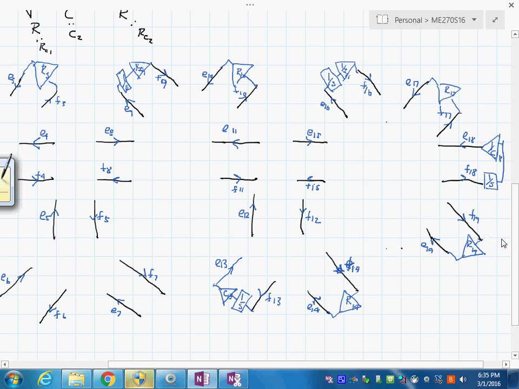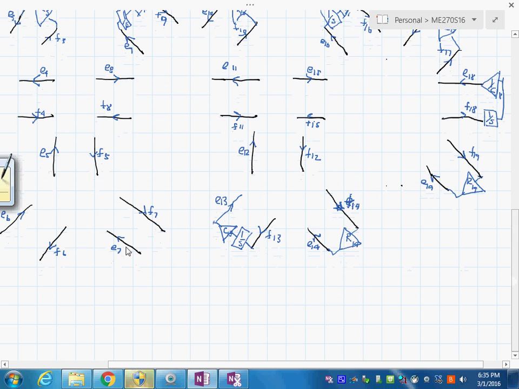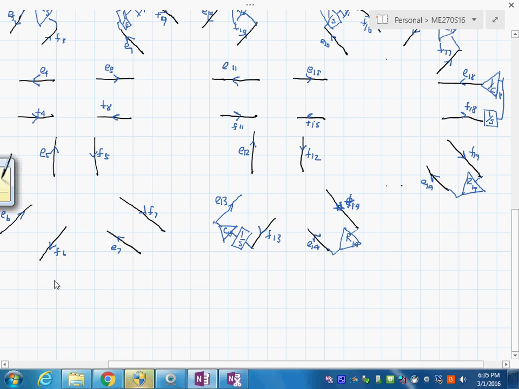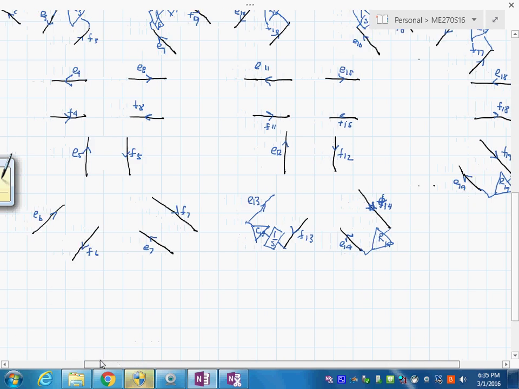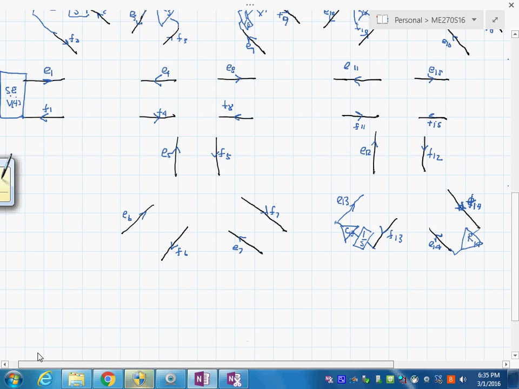You could say according to the equations at each 1 junction.